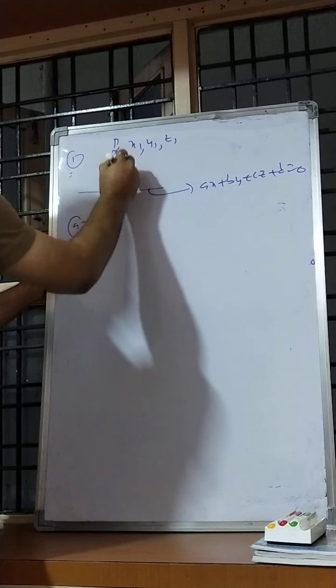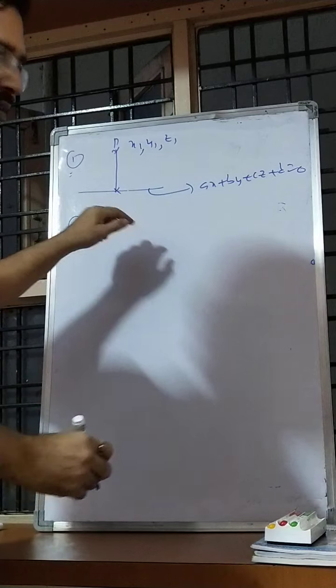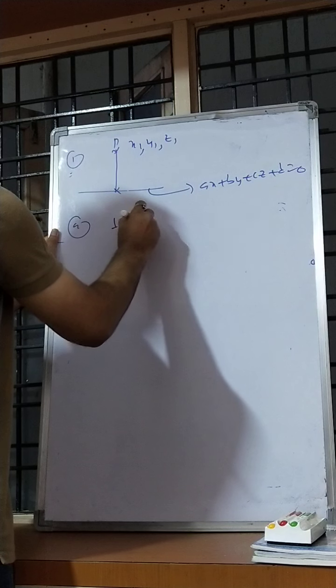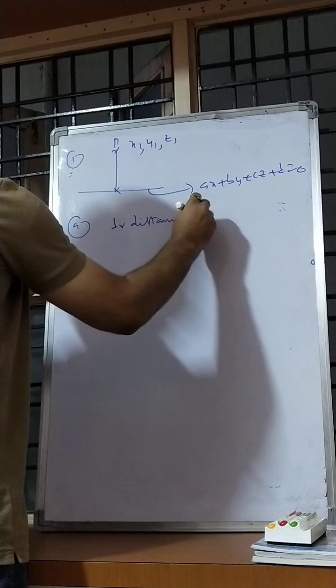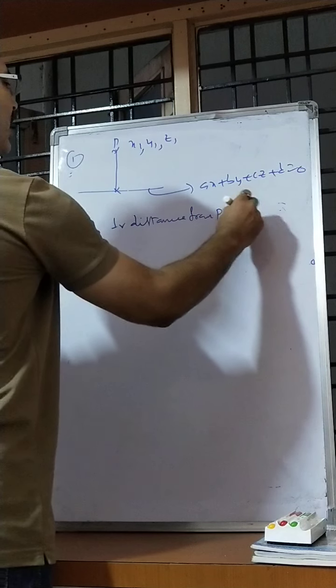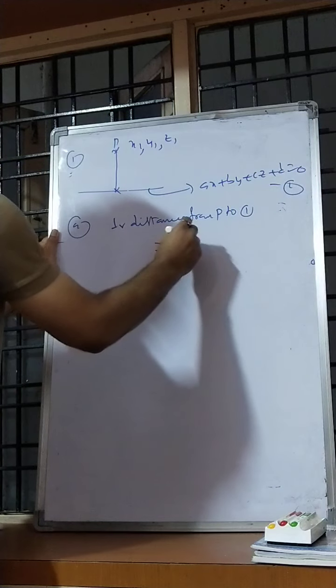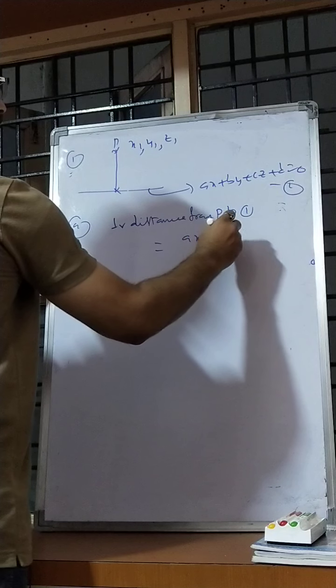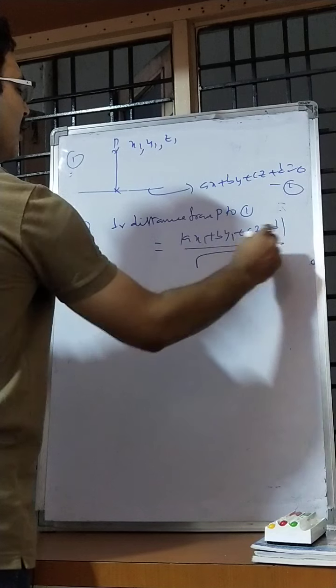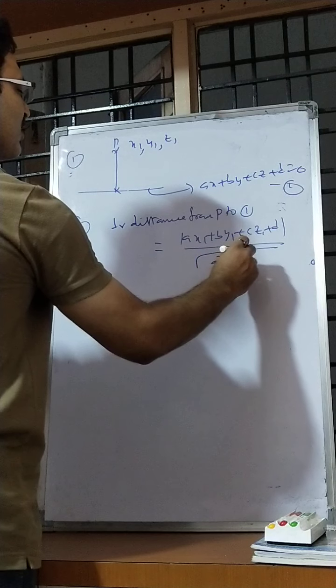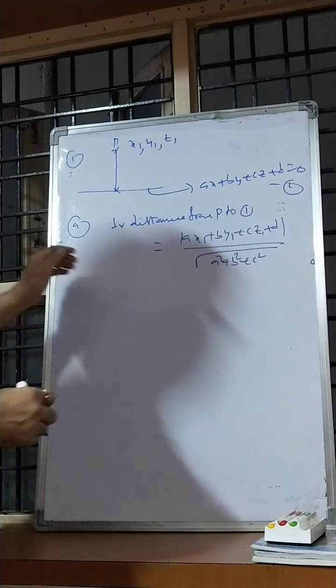One is we can find the perpendicular distance. What is that? The distance from P to the plane is |ax1 + by1 + cz1 + d| divided by the square root of a² + b² + c². Like this we can find.